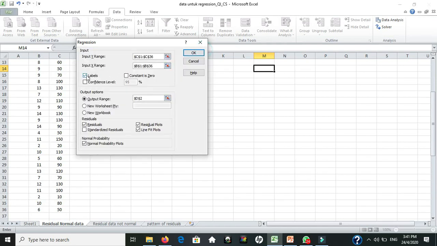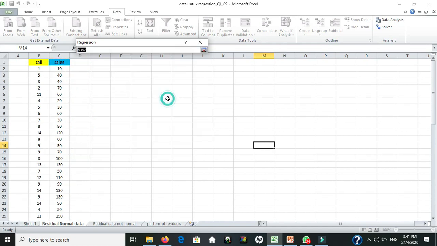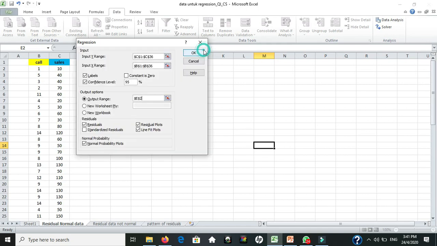We tick label, confidence level here 95%. Output range, let's say we want to have the output here. Then here the residual, we will take the residual. This is basically the reading given to us later, the values of errors.